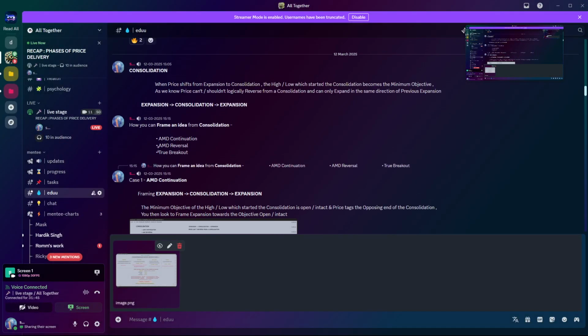There are three ways you can frame expansion from a consolidation: AMD continuation, AMD reversal. These both look the same, these both are basically kind of manipulation. This one would be difficult to understand, so these two are manipulation.